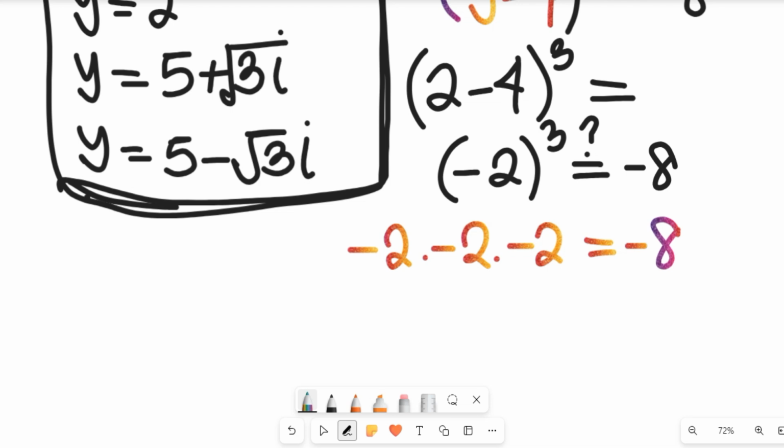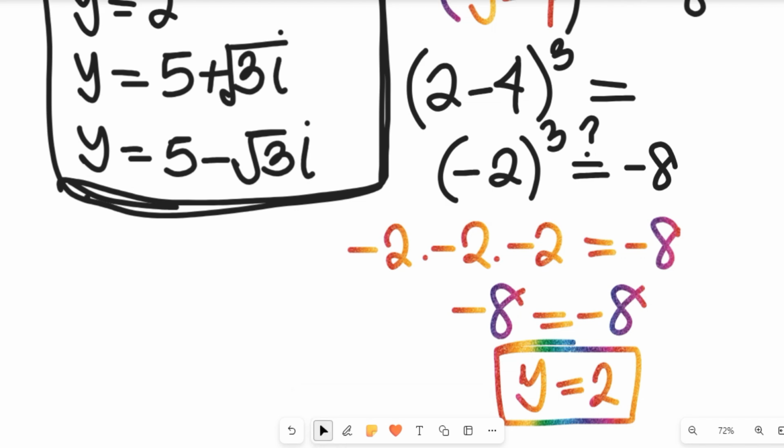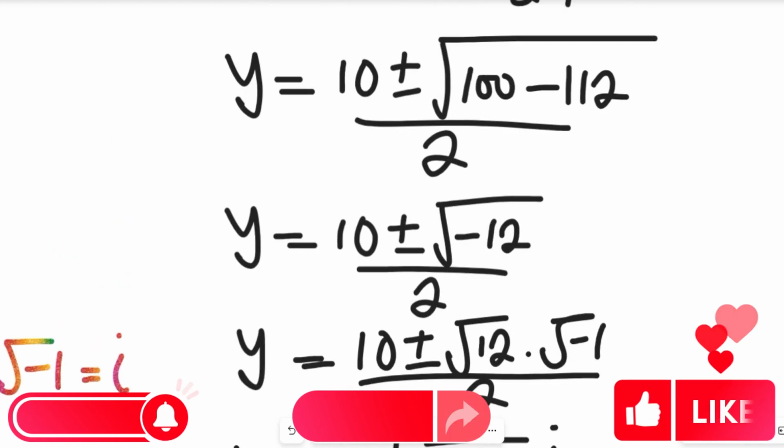So we're going to have negative 8 equal to negative 8. So that tells us that the value y equal to 2, which stands as the only real solution, satisfies the expression that is given to us initially.